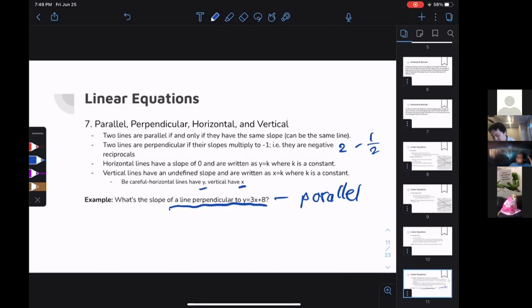Just to clarify, for the line that's perpendicular, I just want the slope, but for the line that's parallel, give me a whole equation for that.